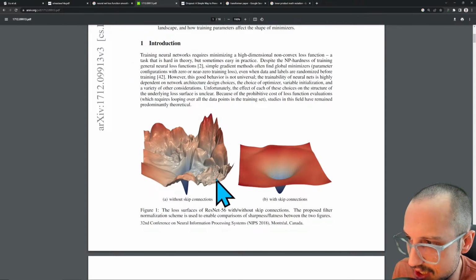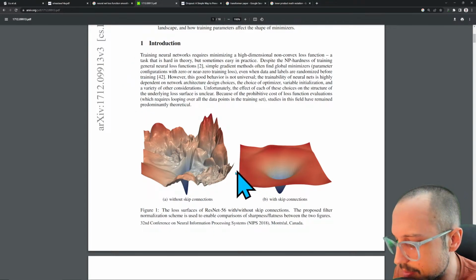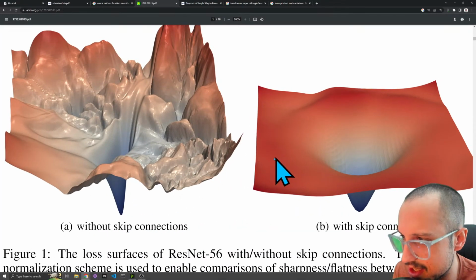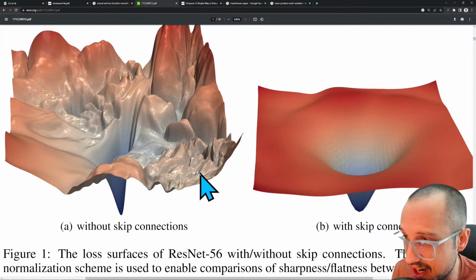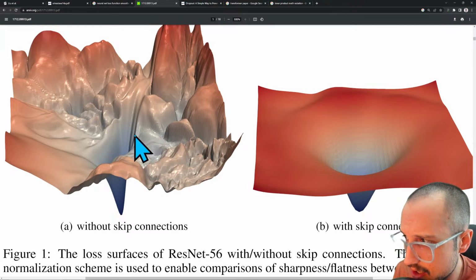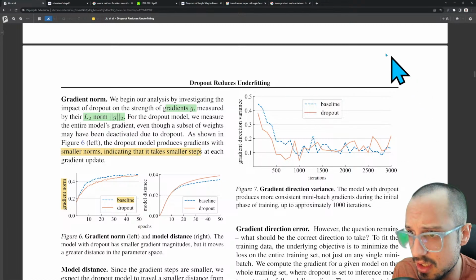Versus if you're here in this part of the loss landscape, this part is so noisy that your gradient direction variance is probably going to be very high because you're going to be taking a step here, and then a step here, and then a step here. So the loss landscape itself is going to determine, or at least influence heavily, the variance in your gradient directions. So something to think about with that.